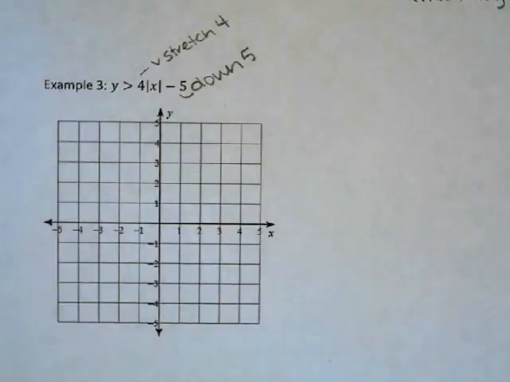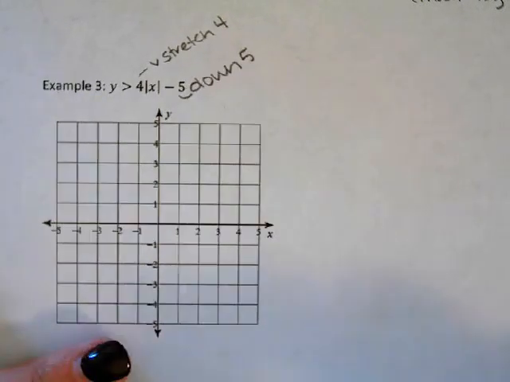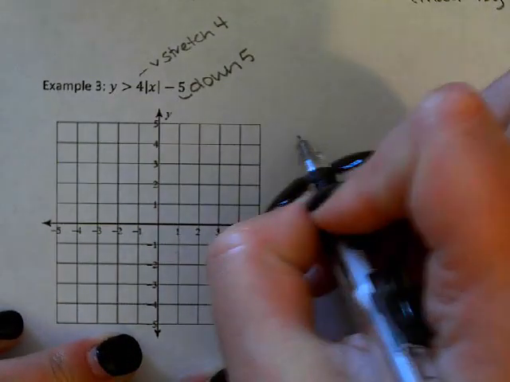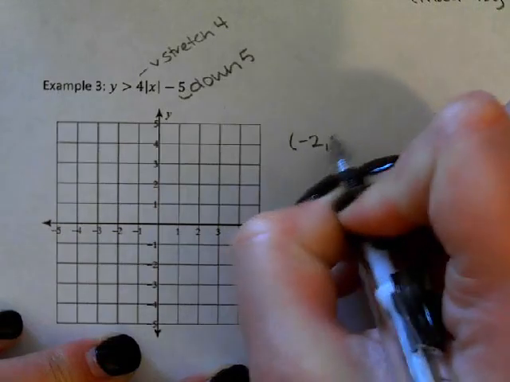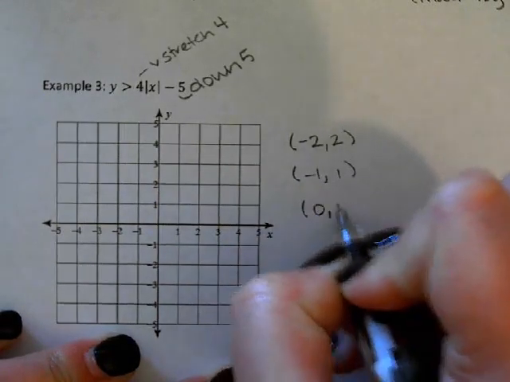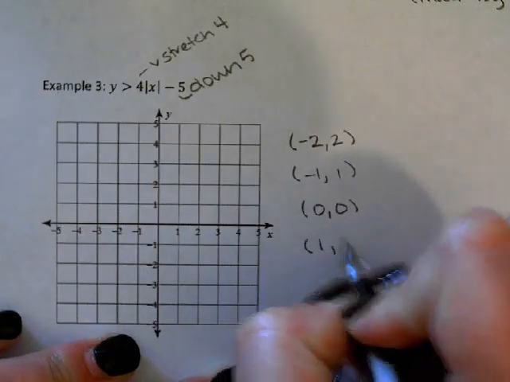All right. Okay, so let's write the points. We've got negative 2, 2, negative 1, 1, 0, 0, 1, 1, 2, 2.